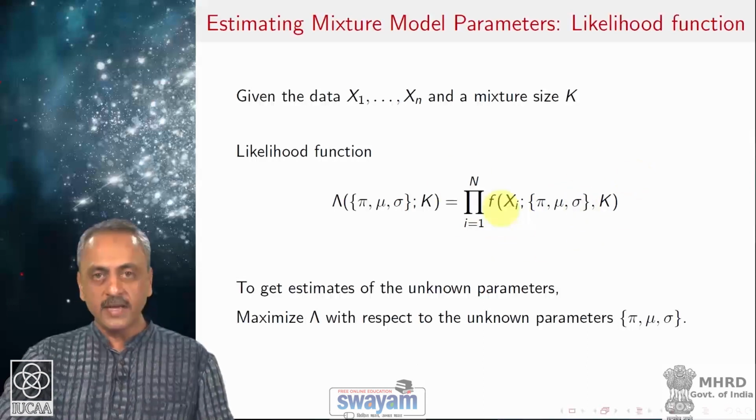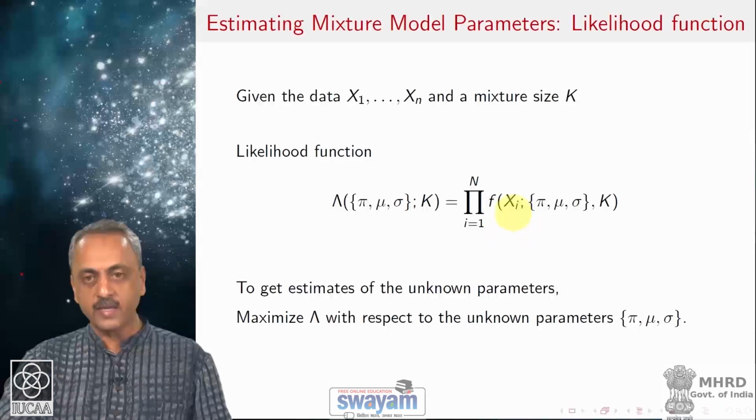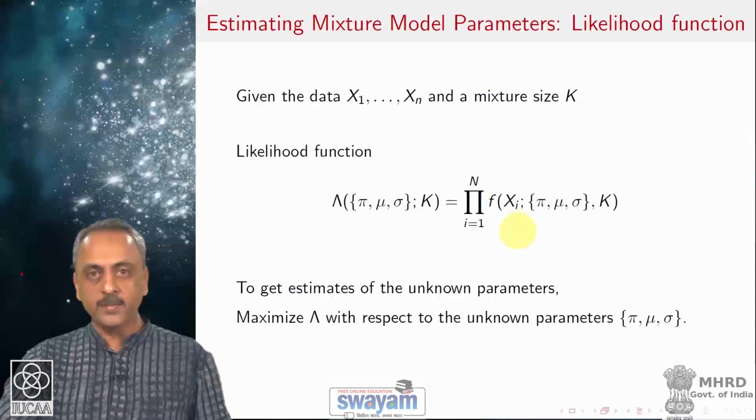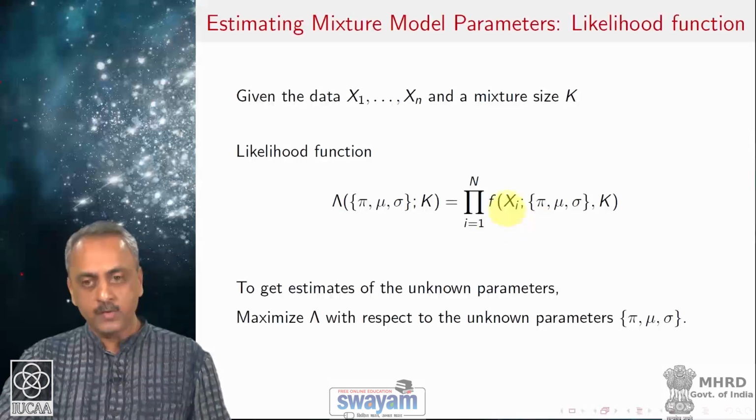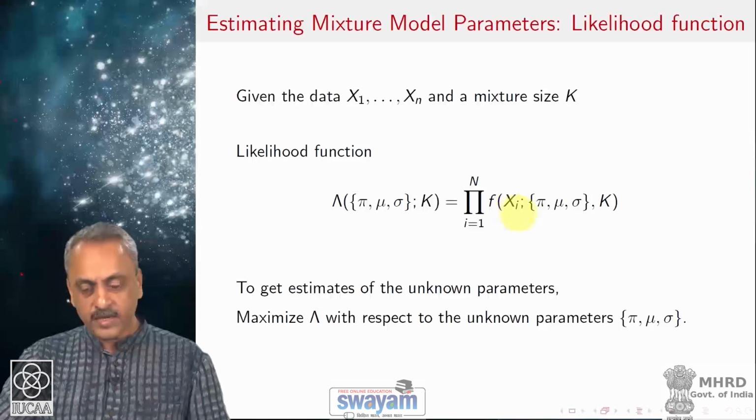Now, this product has the interpretation that, if these data points are independent, it represents the joint multivariate density of your data, and whatever you observe, which is the observed data, cannot be a low probability event.